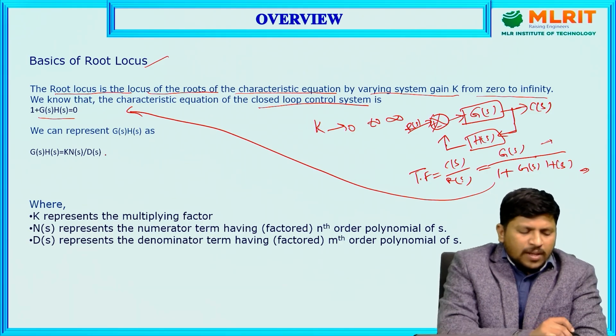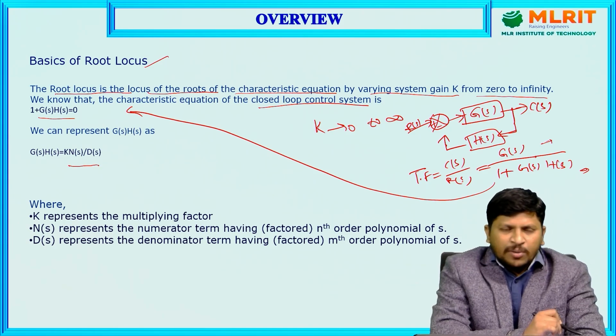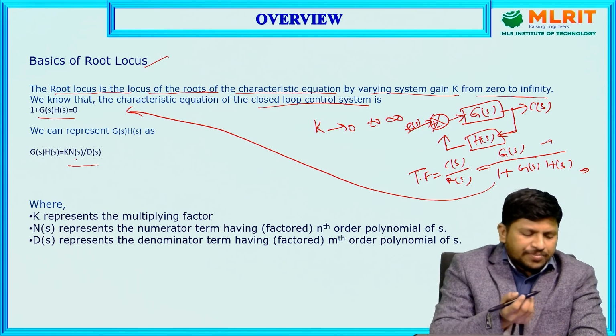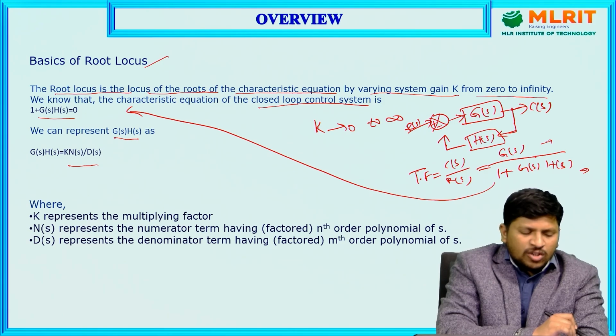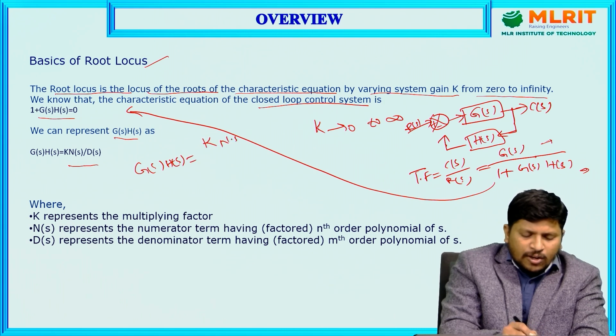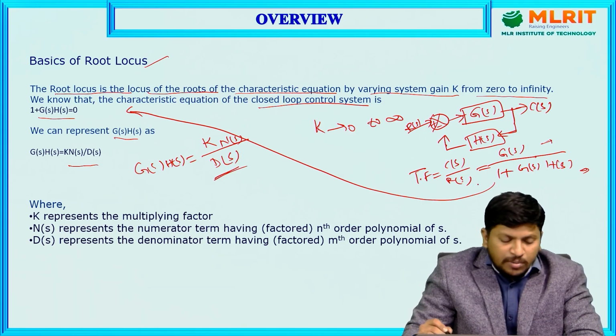So here G(s) and H(s) have numerator and denominator coefficients, where K is the multiplying factor, for representation of the loop transfer function. G(s)H(s) equals K times the numerator part divided by the denominator part.